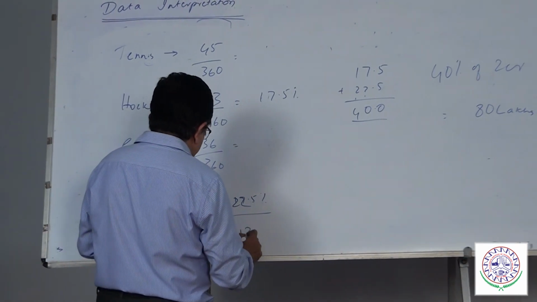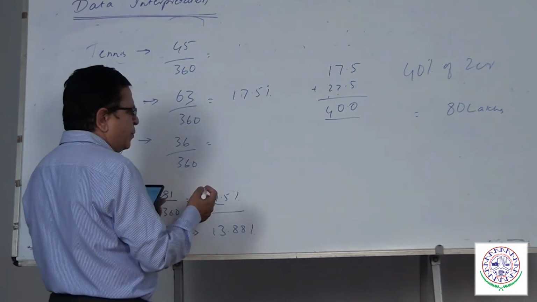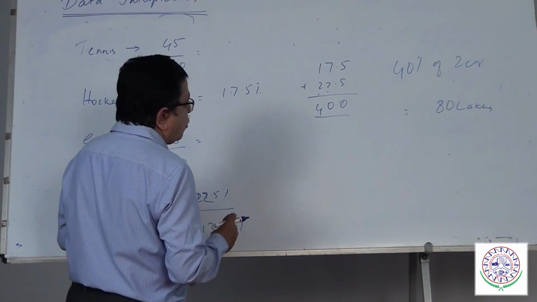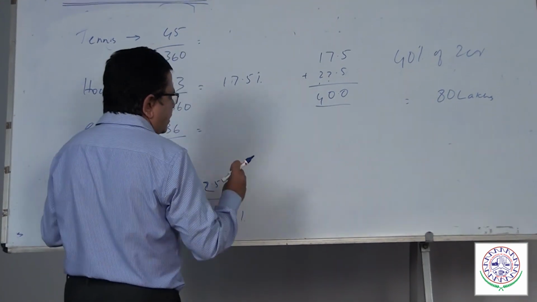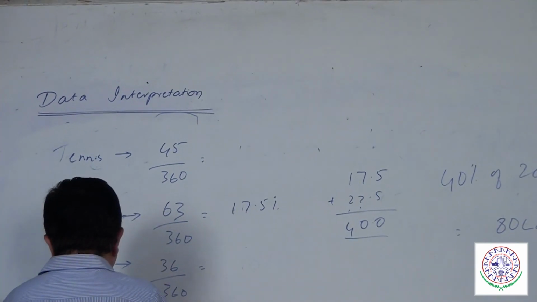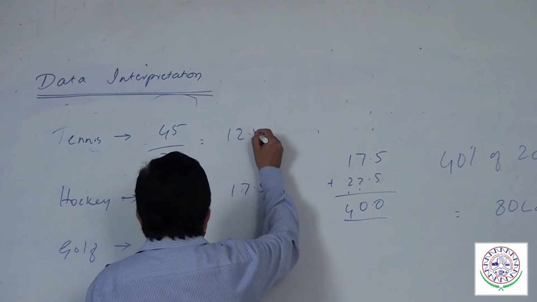That makes it 13.88%. And the percentage spent on tennis is 45 by 360, so 45 divided by 360 is 12.5%.